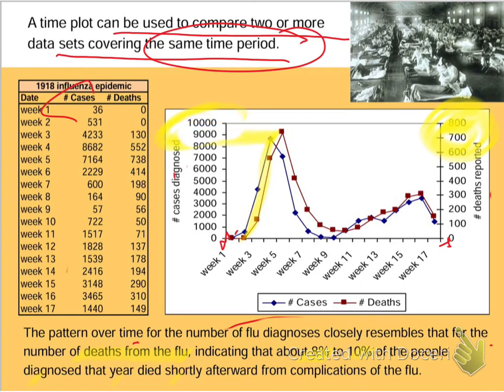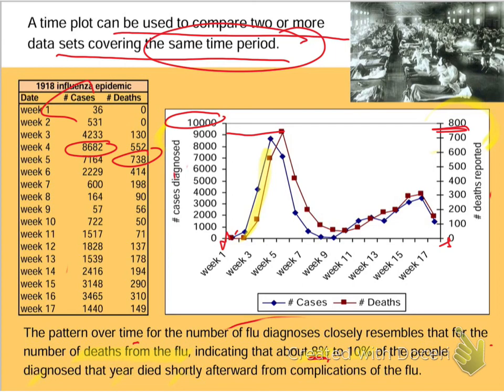As I explained earlier, we have used the scale up to 10,000, but the biggest value here is 8,686, and here they have reached 738. So it could be between 8 and 10%. I don't want the exact figure, but I want to see the trend.